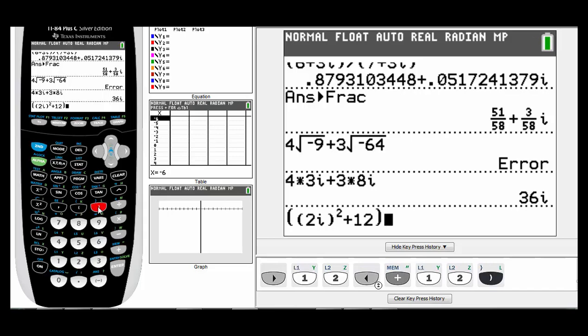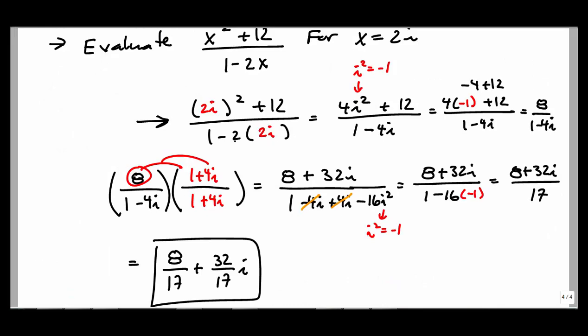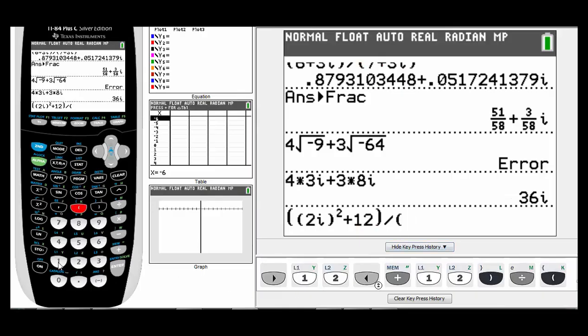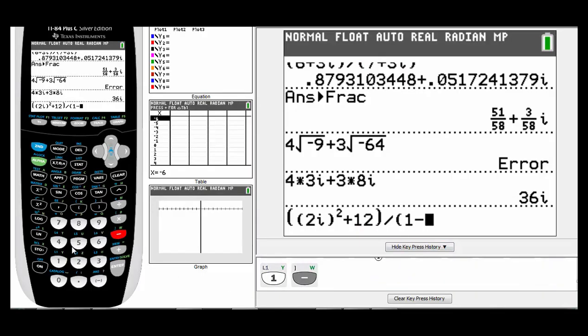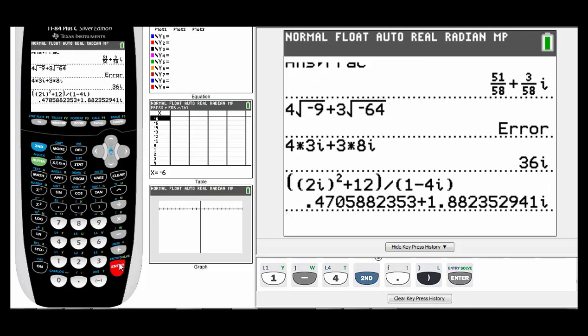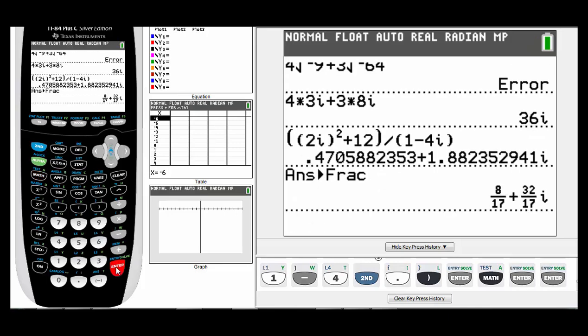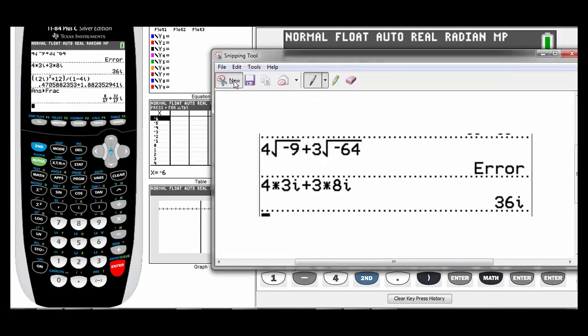Close parenthesis, divided by, and we're dividing by 1 minus 4i. And I can just put in the 4i if I want. And if you wanted to put in the 2 times the 2i, you can. And that's my entire denominator. And again, I'm going to get the ugly fractions, and let's cross our fingers that this will be able to convert this to fractions to check our answer. And it did. So let's go ahead and double check our work here and see.